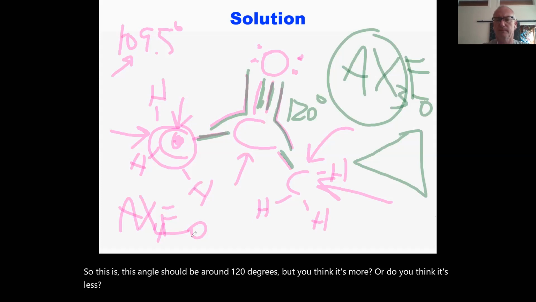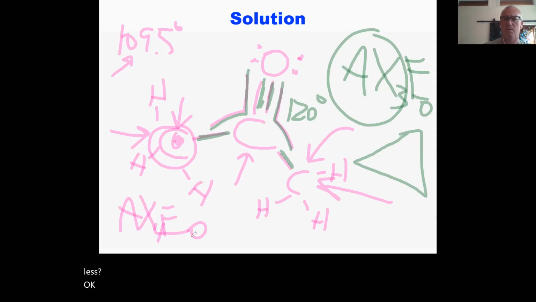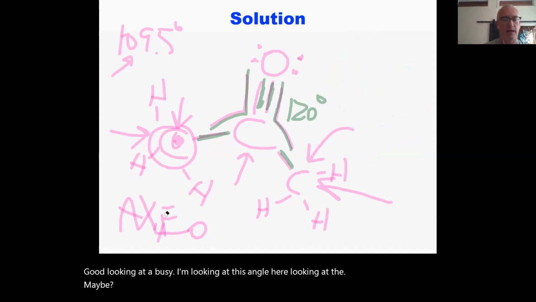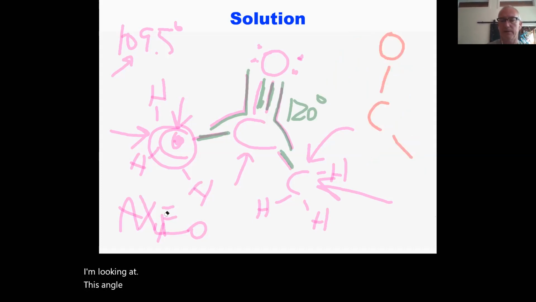Should be less. Okay, explain yourself. Because wouldn't the double bond from the oxygen and the carbon pull it? Pull it or push it? I'm looking at this angle, OCC.